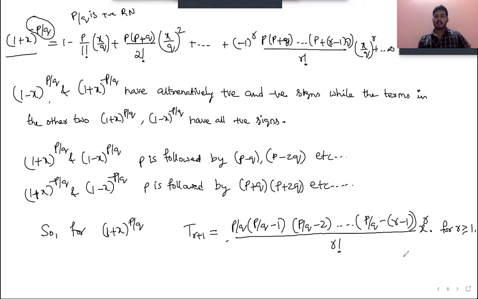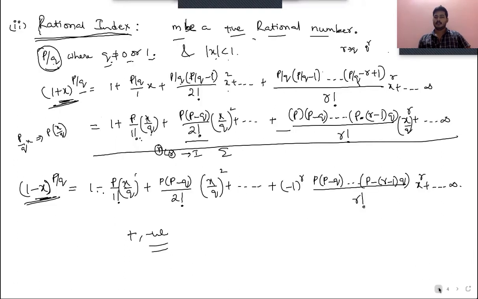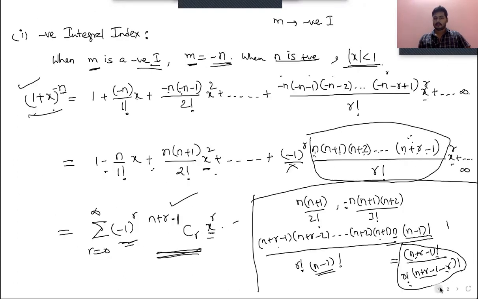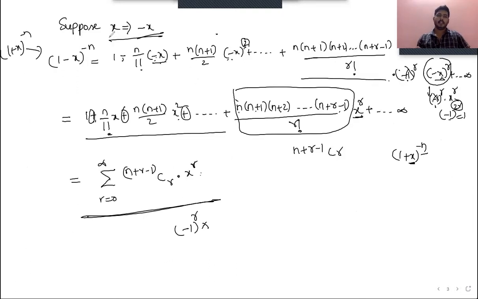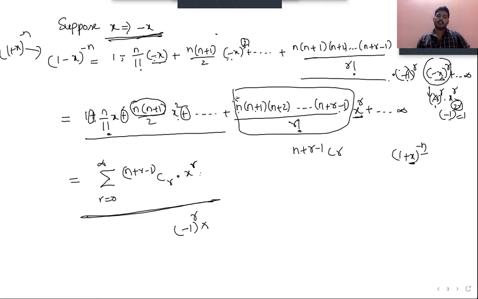And as we observed in the case of negative integral, when we kept x equal to minus x, all the numerator terms became n into (n plus 1) into (n plus 2) up to (n plus r minus 1), like this, right? So the same will be happening, just in the place of n there will be p by q, right?